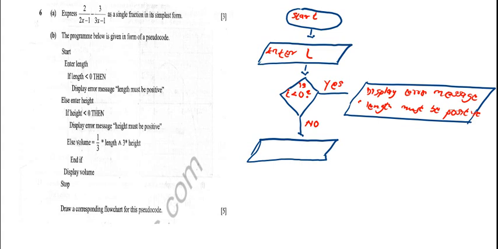So in our parallelogram we are entering height. So it says enter height, H for height. If, again an if statement, meaning we write a decision box.